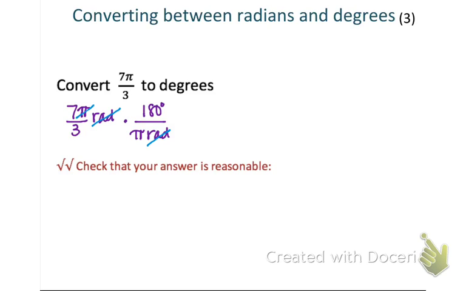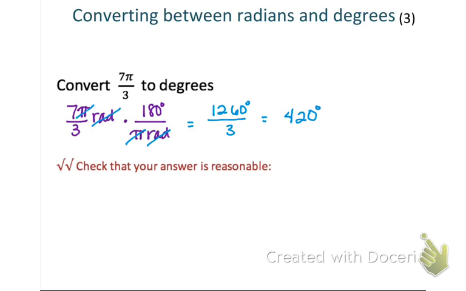Another thing that cancels out in this problem is the pi. So we are now left with 7/3 times 180 degrees. We can multiply this straight across to get 1,260 degrees divided by 3. We can then divide our answer by 3, and we are left with 420 degrees.